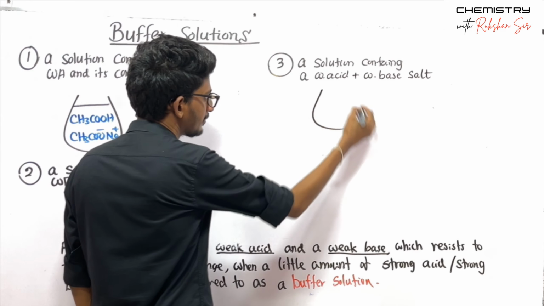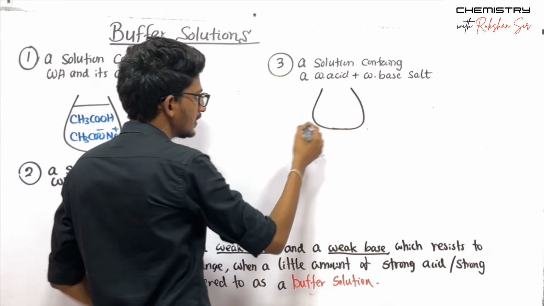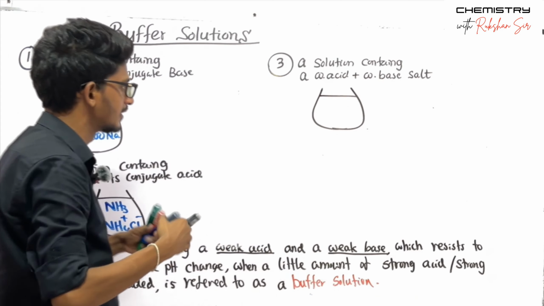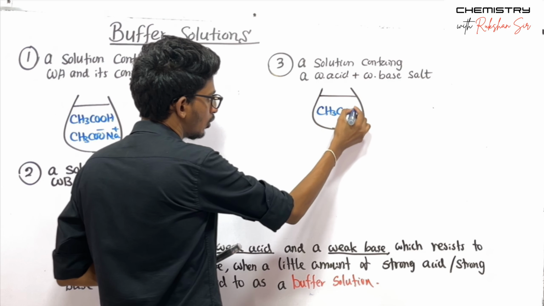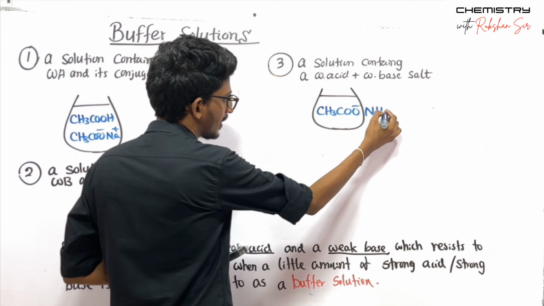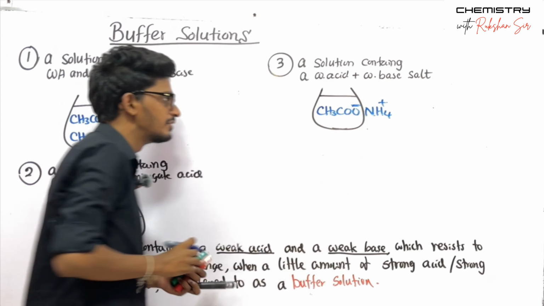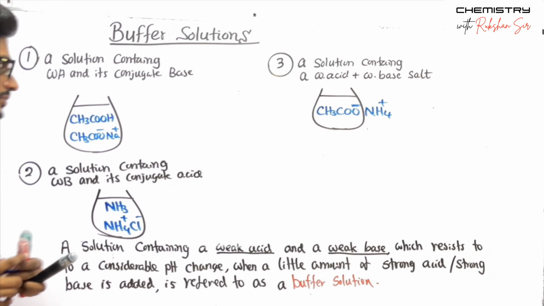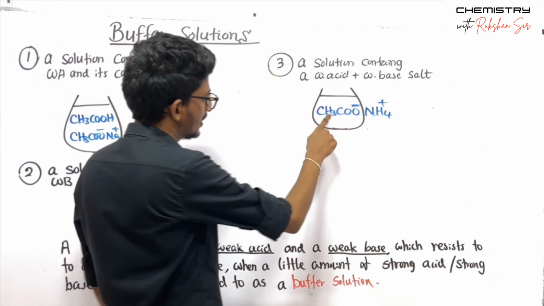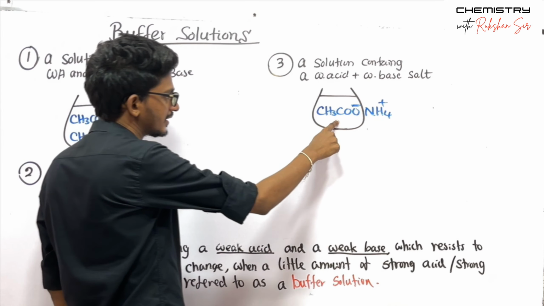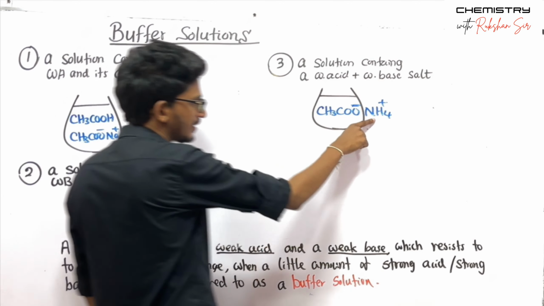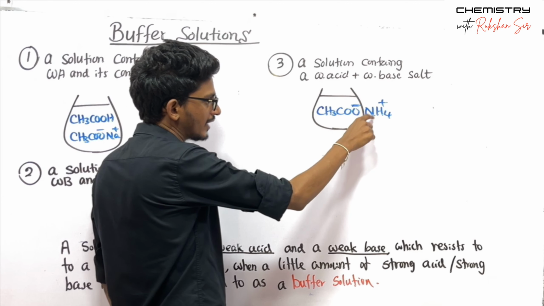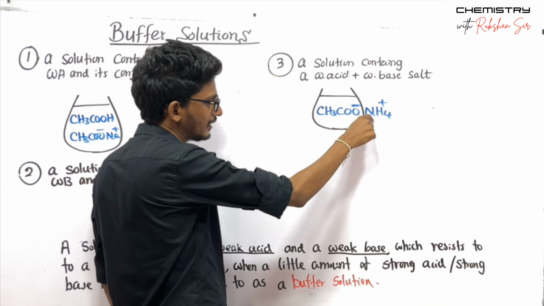Let's say you have CH3COO minus NH4 plus. This is referred to as a weak acid, weak base salt. CH3COO minus is the conjugate base of CH3COOH, which is a weak base, and NH4 plus is the conjugate acid of the weak base ammonia, which is also a weak acid.